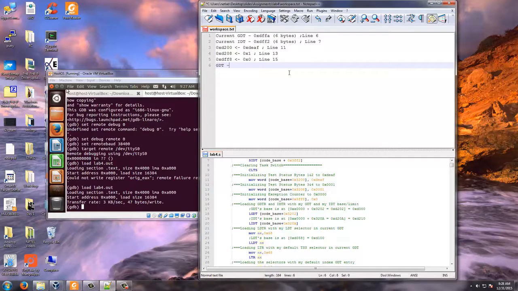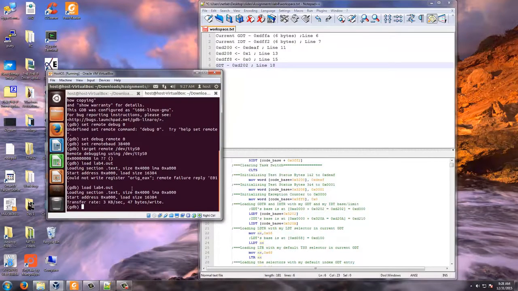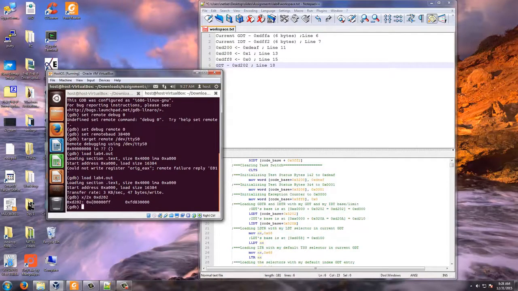We load GDT with what is there in 0xD202, which is line number 18. So let us see the 6 bytes there. Now as you see, the GDT starts at D1000 and has a limit of FF.